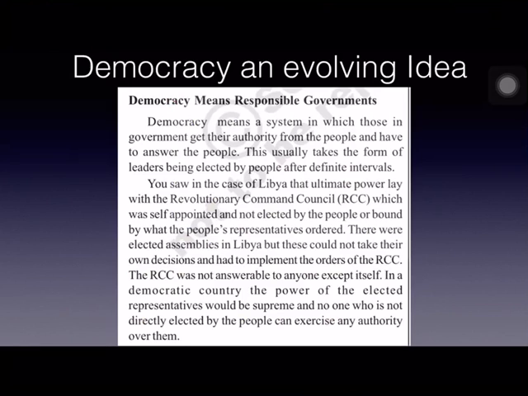Already we have seen in the previous chapter how in Libya the ultimate power was lying with the RCC, Revolutionary Command Council. It was not elected by the people. There were elected assemblies and councils also, but they were given the power only to implement the decisions of the RCC.